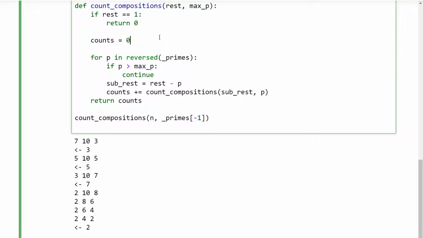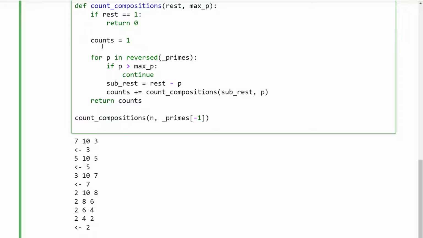Yeah, I think the count has to come from down here, from the bottom, and it has to be a 1. So I guess we just do 1 here.